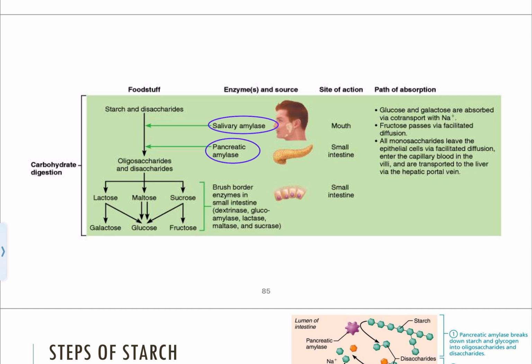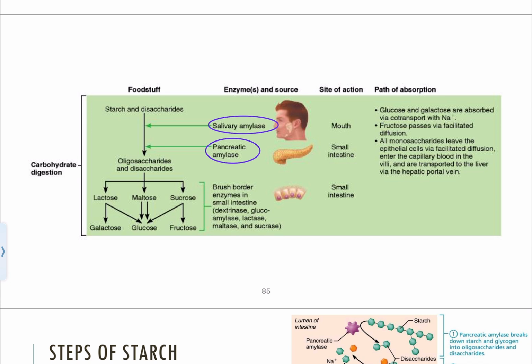So there are two locations in which we do break down carbohydrates, starting in our mouth, and then the second place is the small intestine. However, both the salivary amylase and the pancreatic amylase really only break down these polysaccharides into oligosaccharides and disaccharides. Oligo just means a few or a couple of monosaccharides linked together.